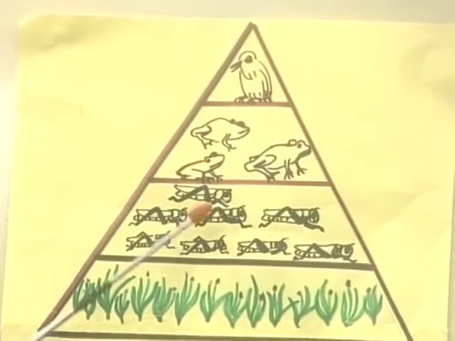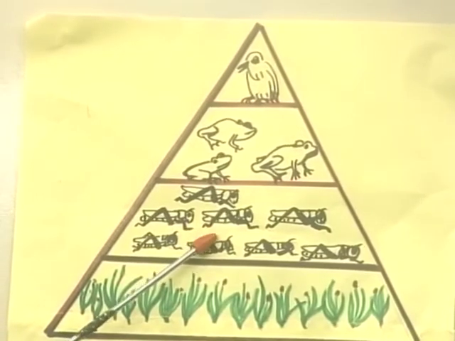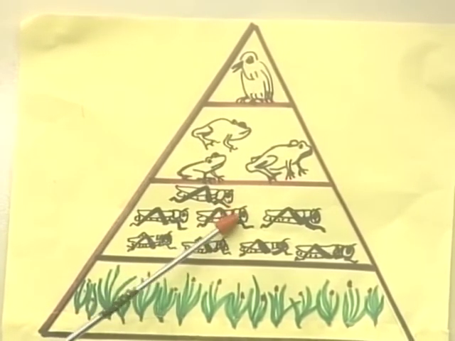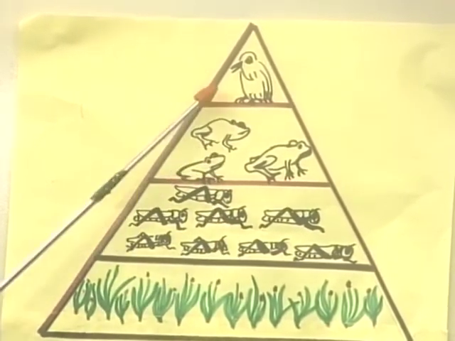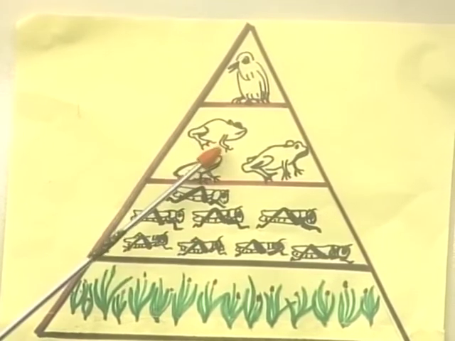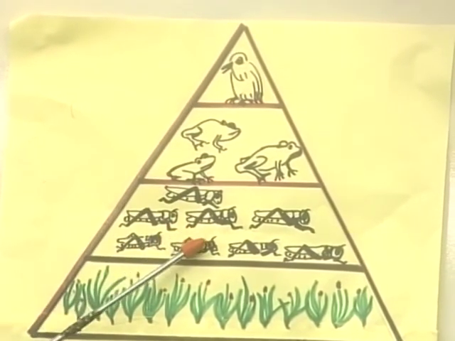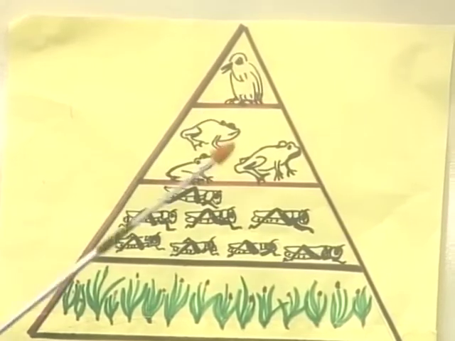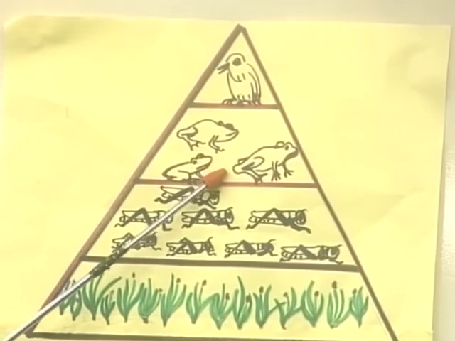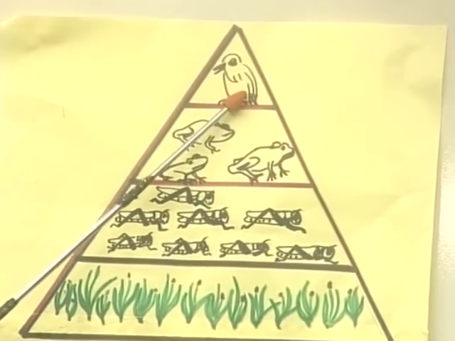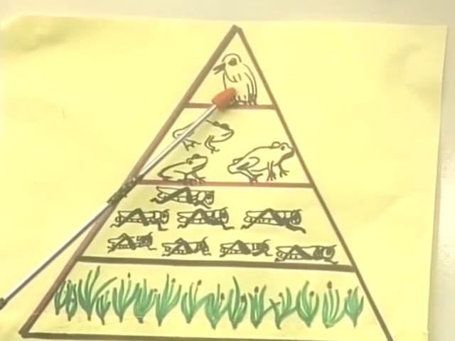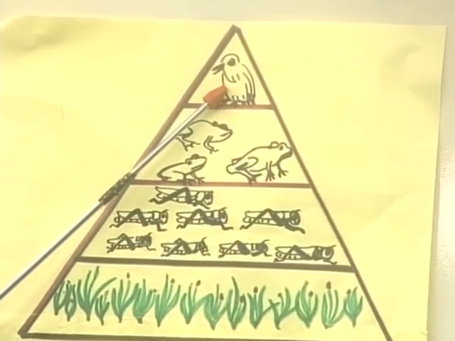And if the frogs eat this, that chemical is passed on. So we can see that the number of these living things gets lesser and lesser in this pyramid. And eventually, the bird eats the frog. We as humans might be affected when we eat the bird.